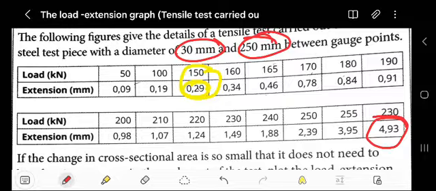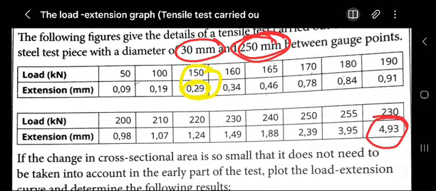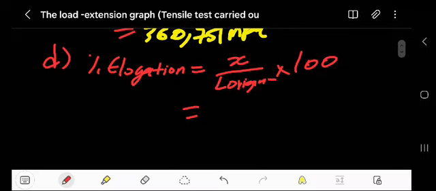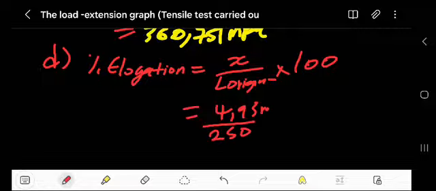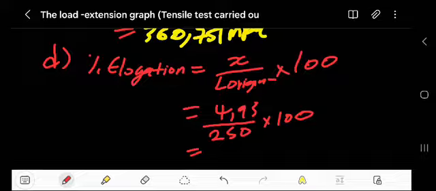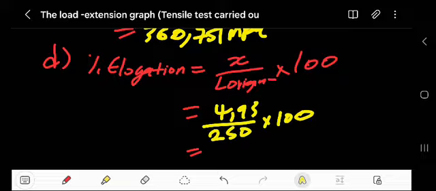Here is the change in length. Then the original is the one we'll use there, but it's in millimeter, isn't it? 0.93, but also 250 is in millimeter. There's no need to convert. If it's like this, it's fine. The units will cancel. Multiply by 100. So the percentage elongation is 1,972%.